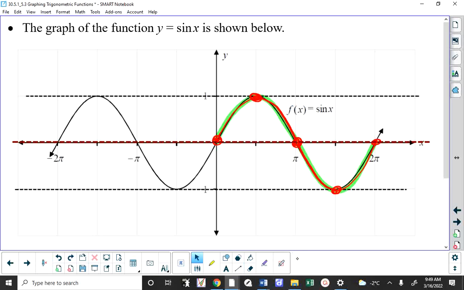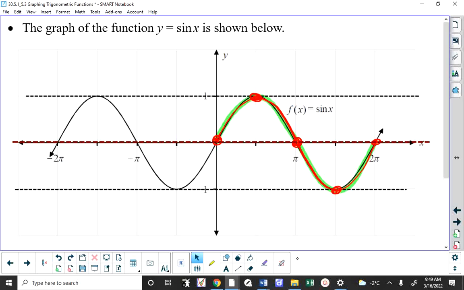I said I would explain why the graph looks like this, basically because if you take the unit circle, when you have a rotation angle of 0, and I'm showing with my arm here, so it's being lost on video, and I'm not going to try to duplicate it on video. The y-coordinate here is 0, which means the sine of 0 degrees or 0 radians is 0.